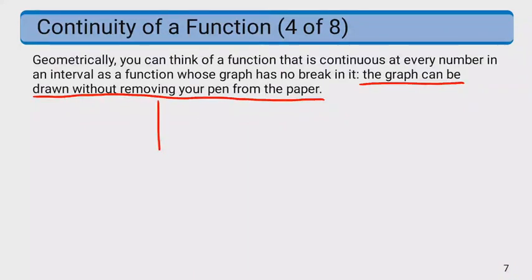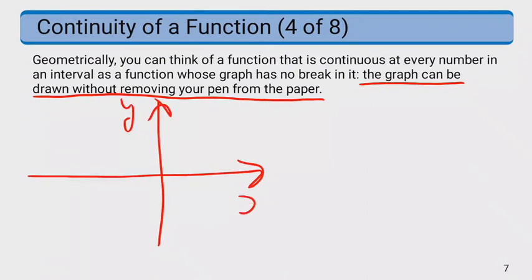We are saying, suppose you have your xy plane, and then if you have a function where you start trying to draw the function and you can draw this function without lifting the pen, you see? Then we'll say this function is continuous at every point on this function.